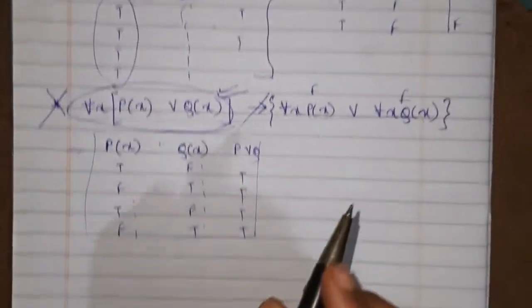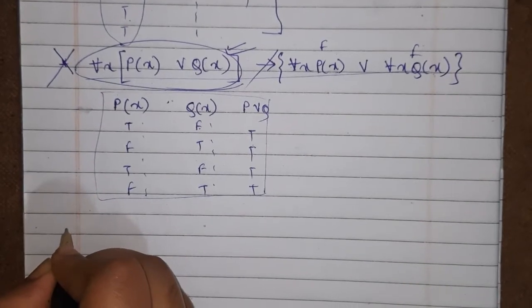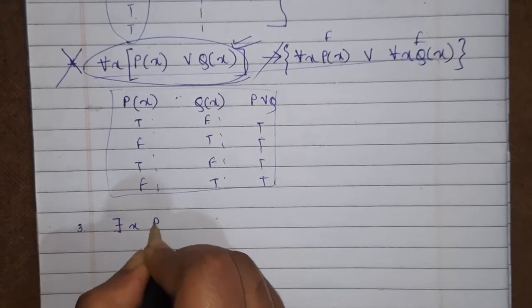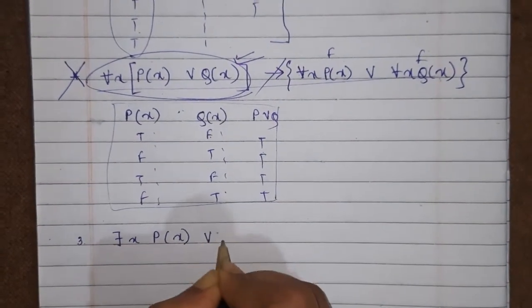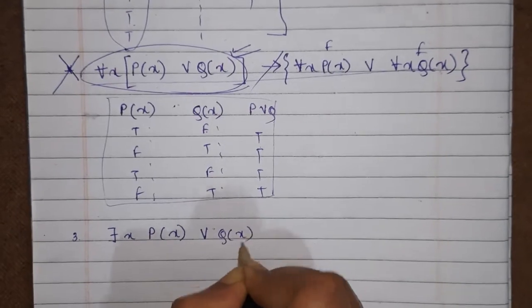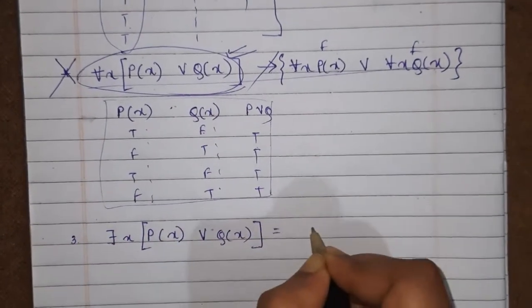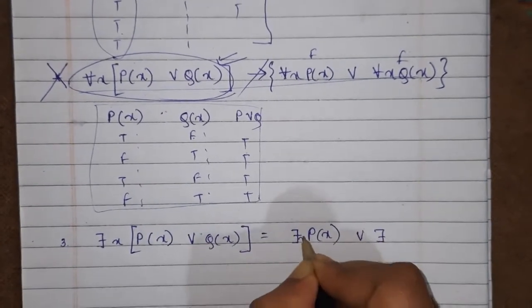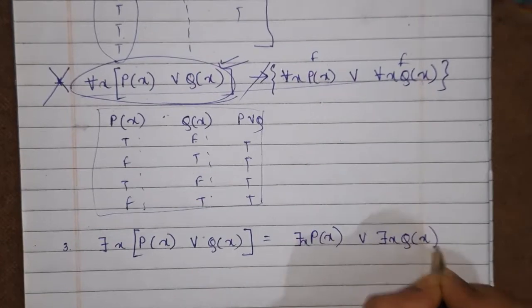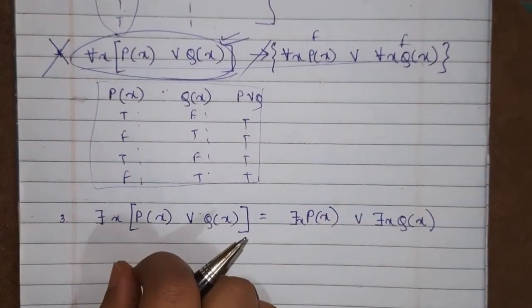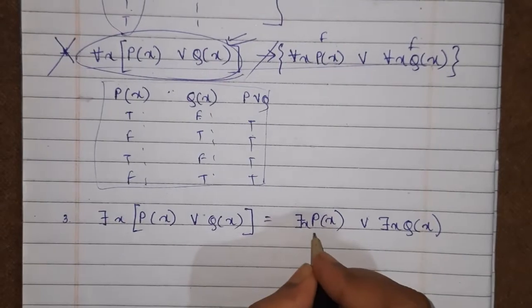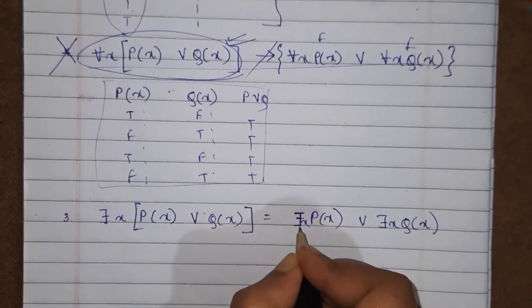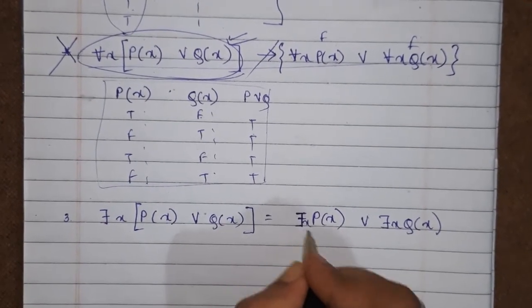Now the last two are the common ones. That is, there exists x p of x or q of x is equivalent to saying there exists x p of x or there exists x q of x. This can simply be proved without using truth tables also. We know that for there exists, we do OR of all the values that we have.